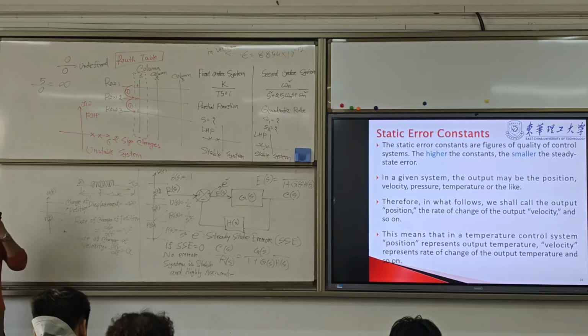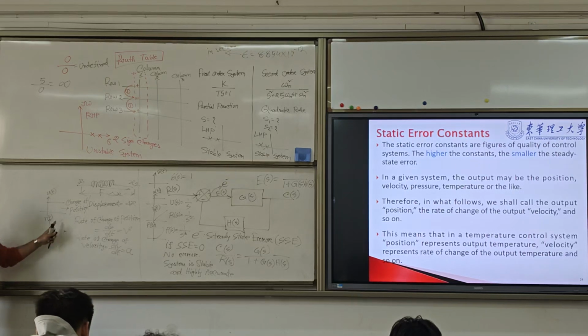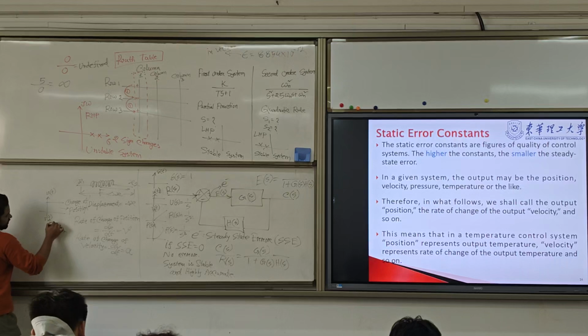So position change, we can consider that as u(t). And rate of change of position, it is the velocity, dx by dt. This is x. This is y equal to t.